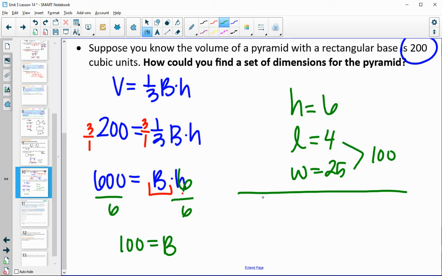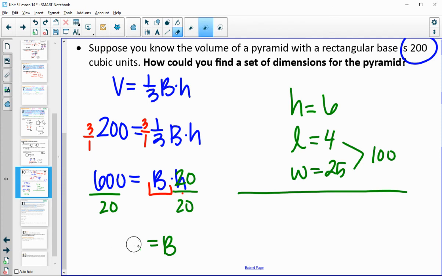Could certainly have set your height at a different number as well. That's just an example. So if you wanted to change this height here, you could put the height at 20 if you wanted. So then you do 600 divided by 20. So if your height is 20, then your base area would need to be 30.